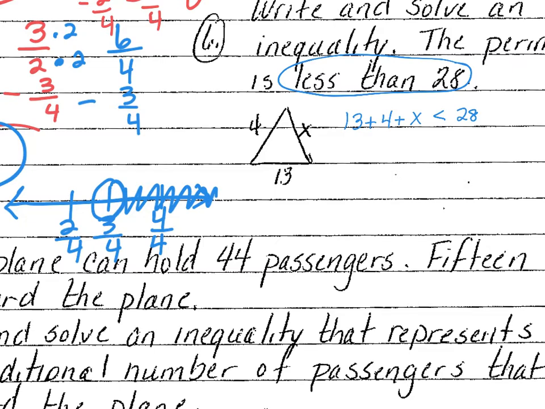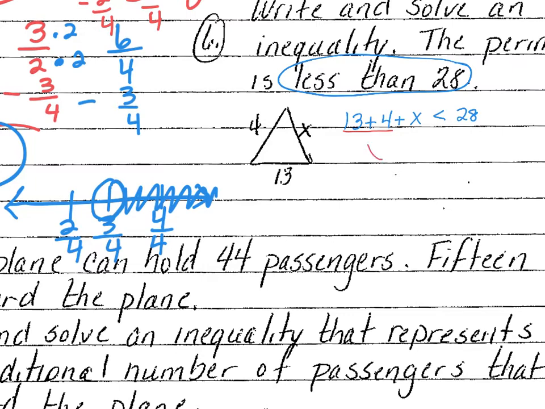What do you notice is different about this one than any of the other ones? What's different about this one, Nia? Yeah, which means we can simplify, can't we? How many of you want to add 13 and 4 together first?